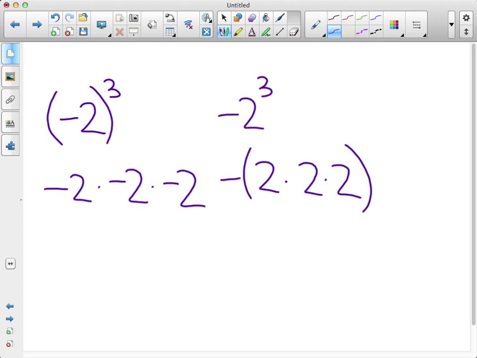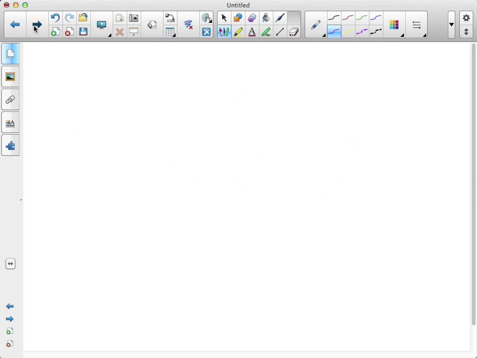All right. Now, the other thing that we discussed today was whether or not an exponent will yield a positive result or a negative result. So, if I have negative 2 to the 1st power, I know that that is just negative 2 written one time.